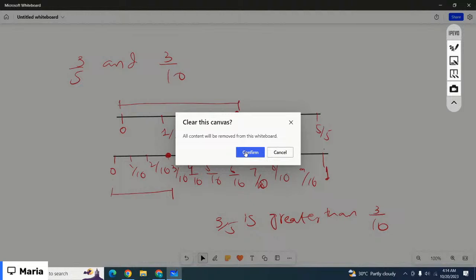So basically, the benchmark chart is what we use to compare two fractions, right? Benchmark fractions are the fractions that are easy to identify and visualize, right? When comparing or ordering fractions becomes difficult, we can take help from benchmark fractions.